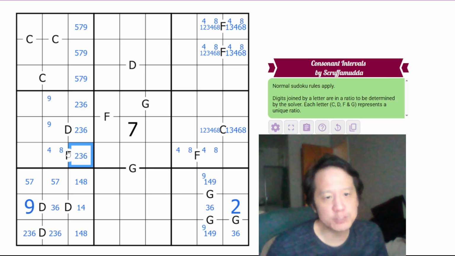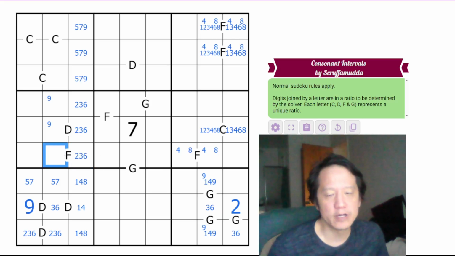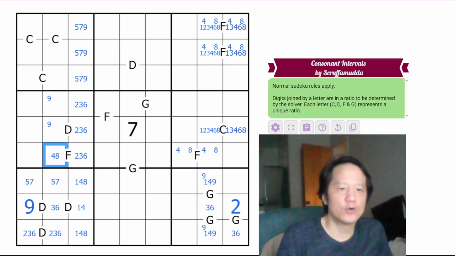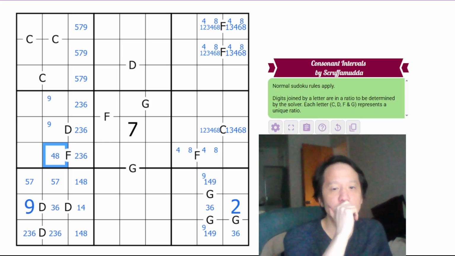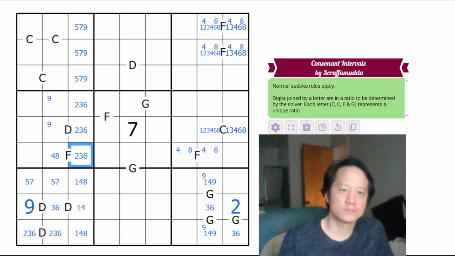So this must be a 4 or an 8 here, guaranteed. Because 4 and 8 in the 4 to 1 or the 1 to 4 or the 3 to 4 ratio can never be next to each other. 4 could be with 2.